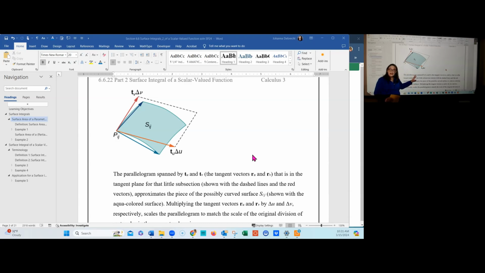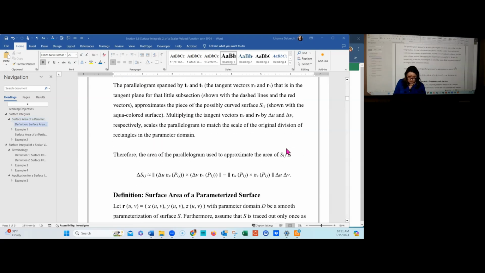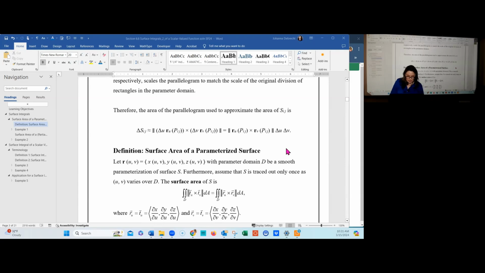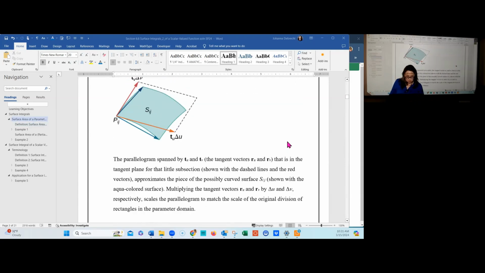And then we're going to find the area of the parallelogram on the tangent plane and use that to approximate that tiny subsection of the curving surface. So once we have this, we can write down the formula for the area of that small curved surface.